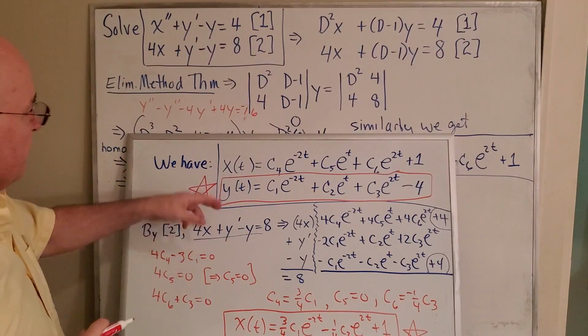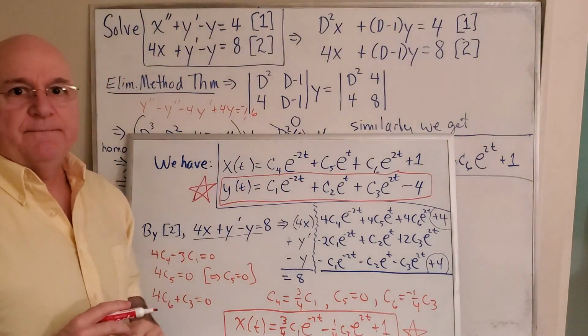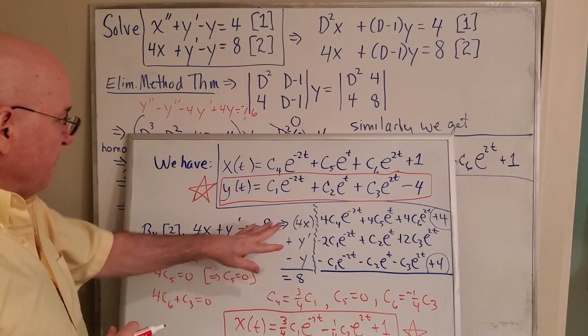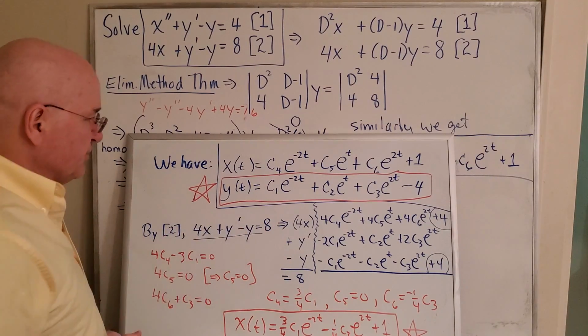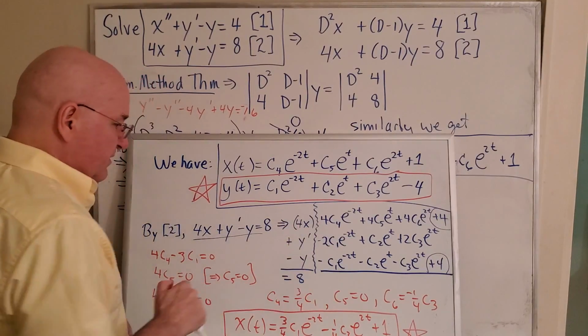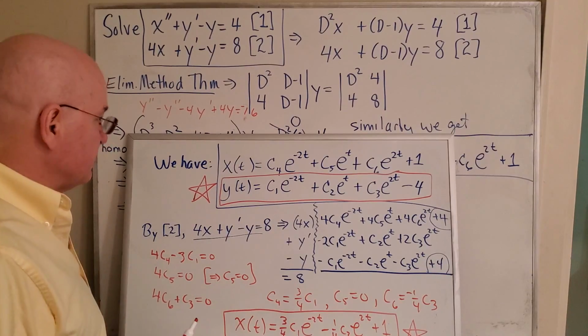That's the solution. Since we started with y, we gave it the c1, c2, c3, and then x ended up having a c4, c5, and c6, but using this equation number 2, we were able to figure out how to write c4, 5, and 6 in terms of c1, 2, and 3. And it turns out that c2 is a 0.